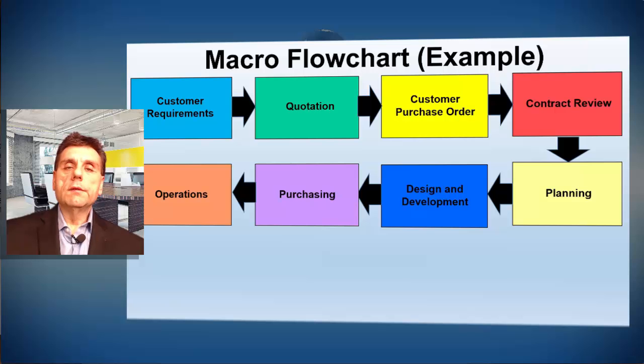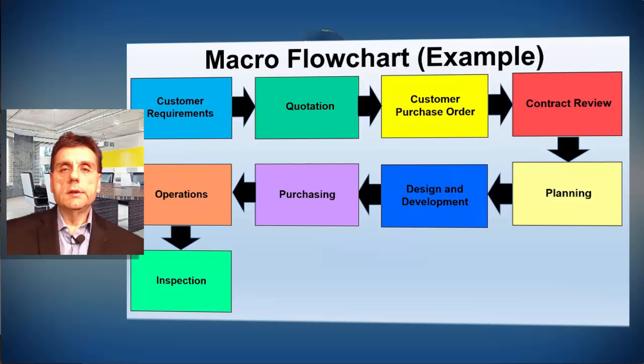And then after that, we could move to our operations, so basically to manufacture a certain part or to deliver a certain service. Then once we complete that, we have to make sure that we have met all requirements in terms of dimensions, geometric dimensions and tolerances, and all other requirements and specifications.